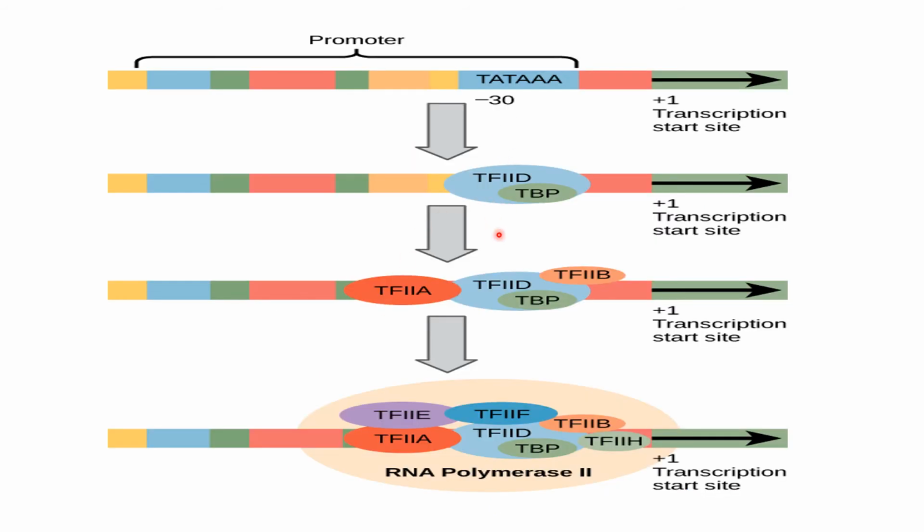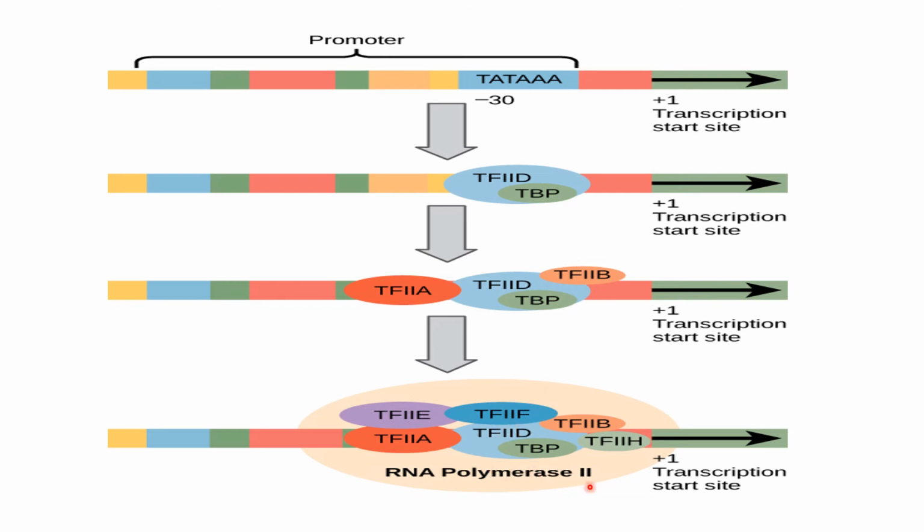First of all, the TATA binding protein is recruited on the TATA box, then it will recruit TFIID, another transcriptional factor, then TFIIA and TFIIB and other transcription factors are recruited.